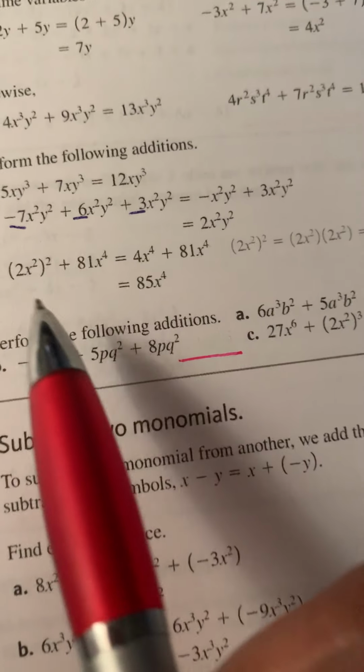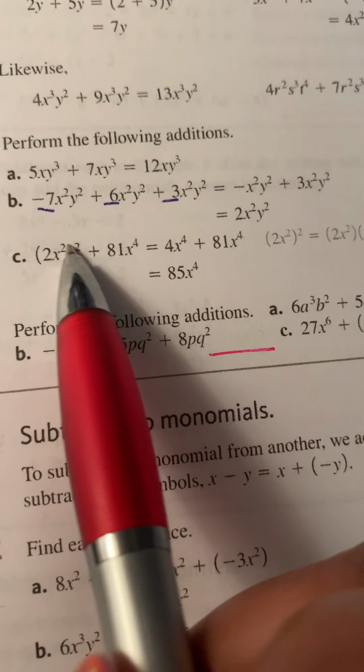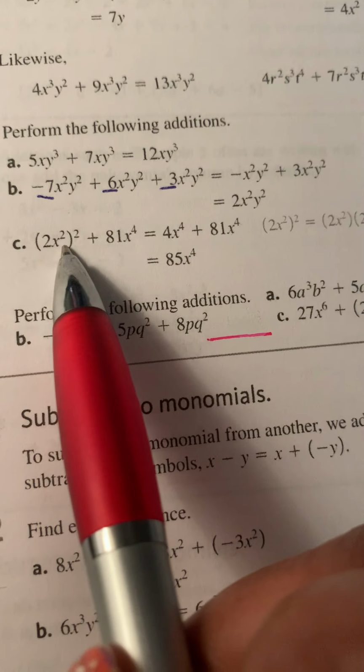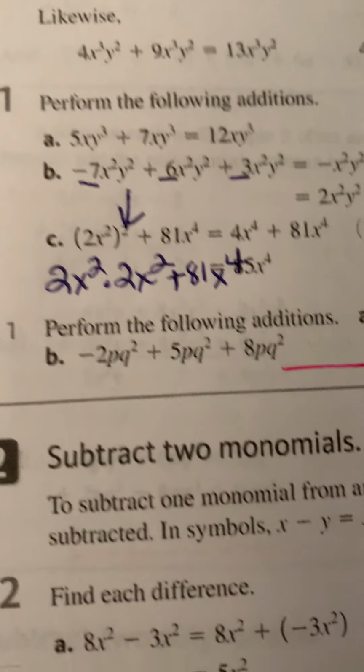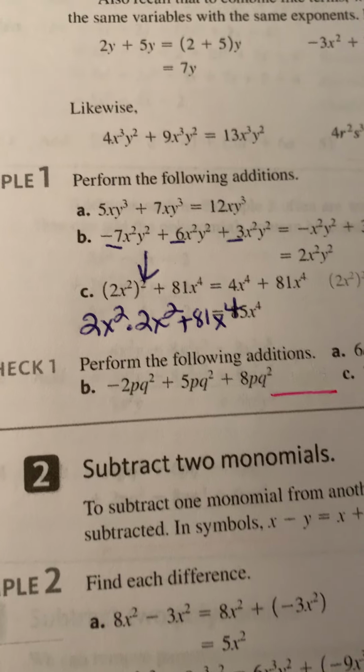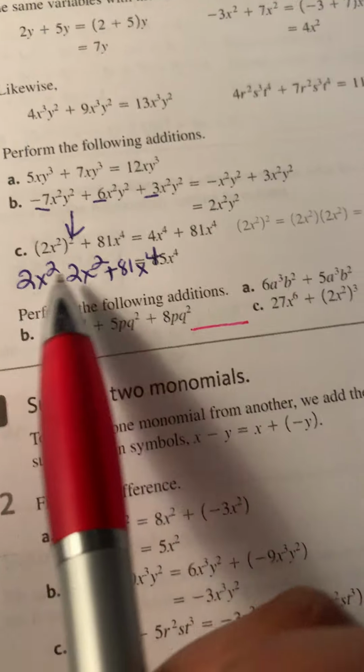For C, if you had 2x to the second power, you have 2 of these in essence. Just like I taught you how to break it down, you want to make sure that you can visualize what they're talking about. So here, 2 times 2 is 4.